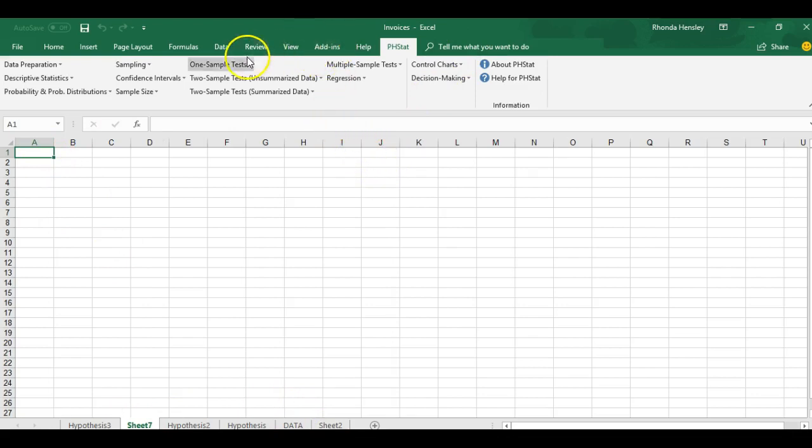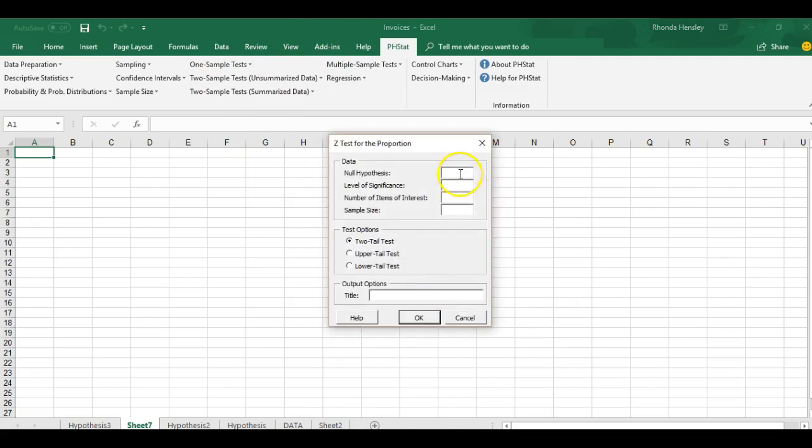So we go to one sample test, and this is a z-test for the proportion. My null hypothesis was 0.883. Level of significance in this problem was 0.01. The number of items of interest, out of our sample of 400 that were filled correctly, is 378. And our sample size was 400.